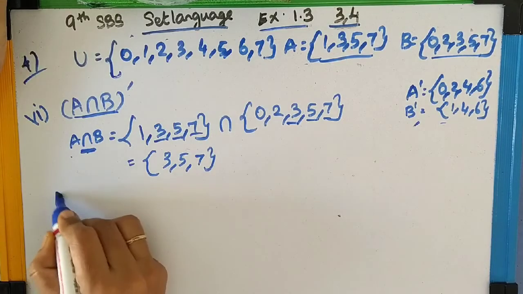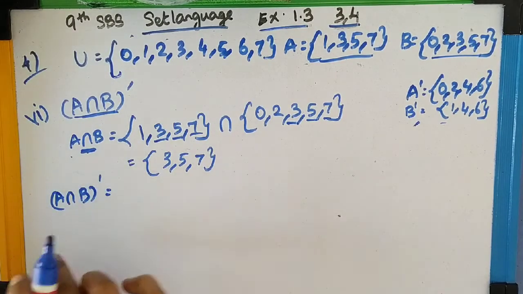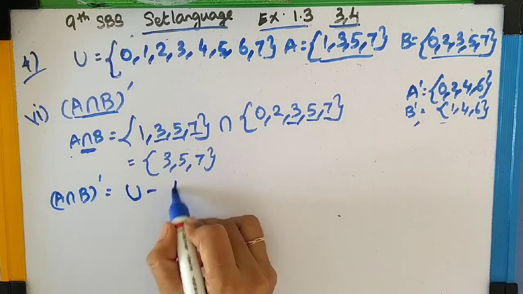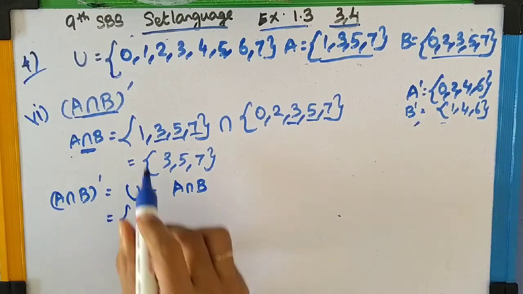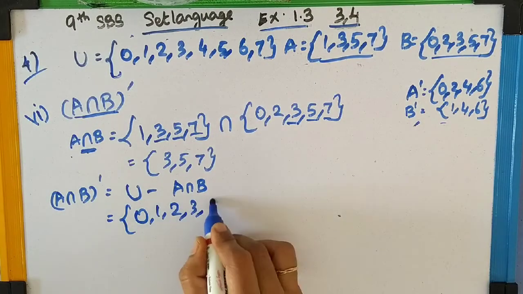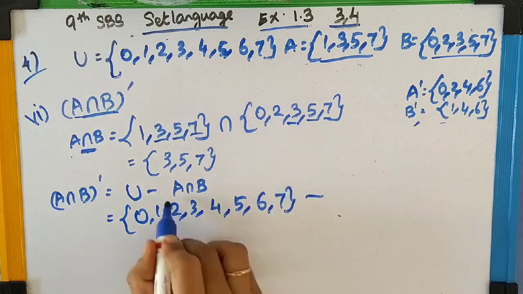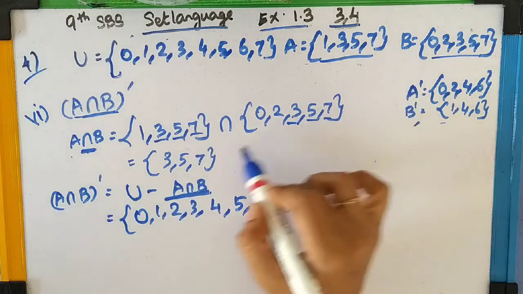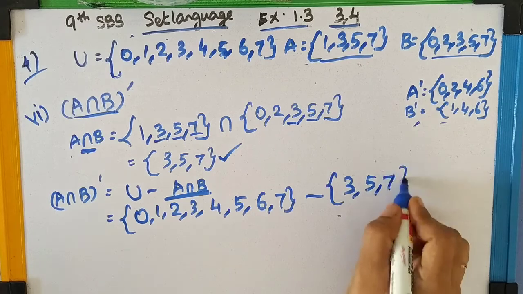Okay. Now, how to find A intersection B the whole dash? The meaning is except A intersection B. That is universal set difference A intersection B. What is the universal set? 0, 1, 2, 3, 4, 5, 6, 7. Difference. What is A intersection B we have found? 3, 5, 7.